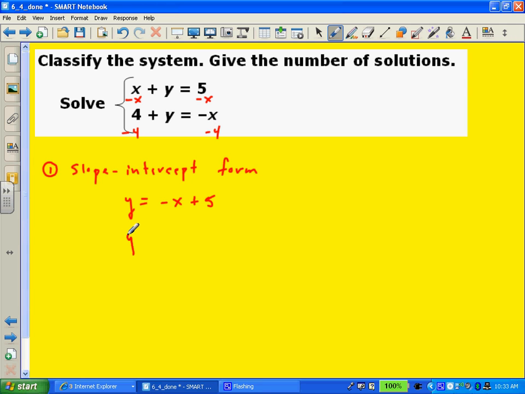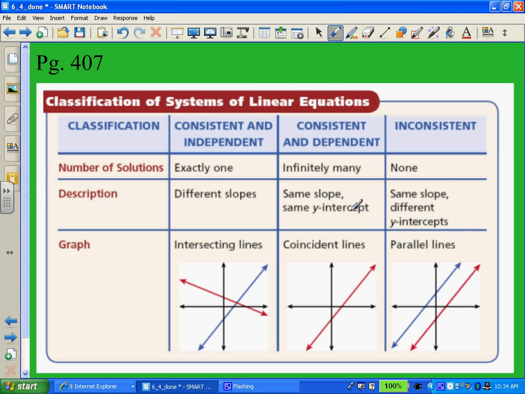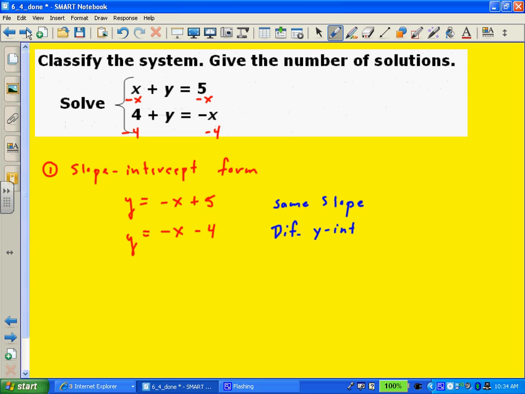So I'd have y equals negative x minus 4. So now that they're in slope-intercept form, I notice that these guys have same slope. They both have a slope of negative 1, but different y-intercepts. So if I look back at my chart, okay, same slope, different y-intercepts, that tells me it's an inconsistent system. Okay, meaning when I graph this, I would have two parallel lines that never intersected.